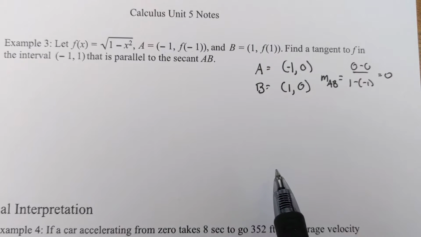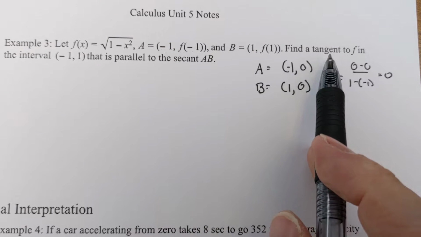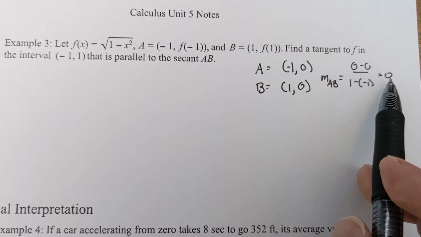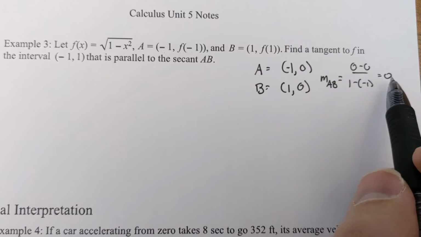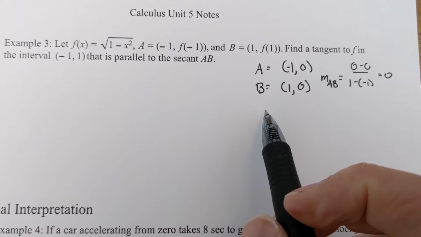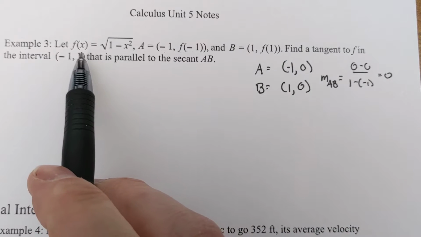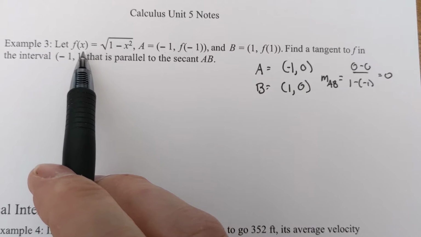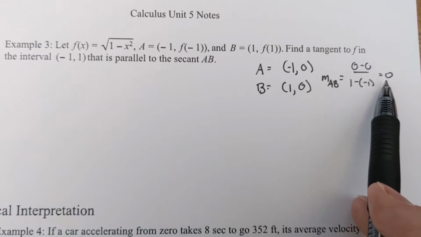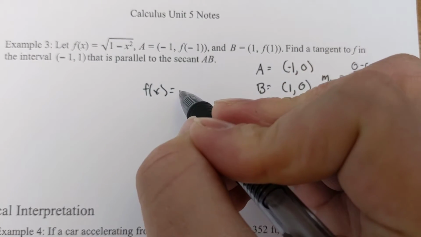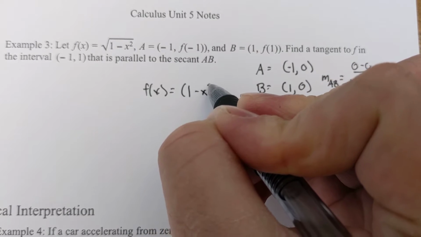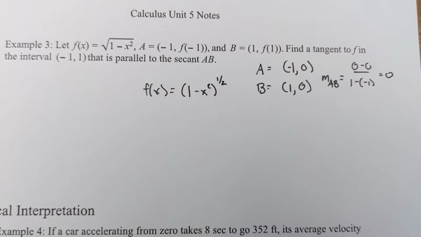So what I want to do is find the tangent line that has the same slope as this. Now to write the tangent line, I need 3 pieces of information. I need the slope, I need the x value, and the y value. So I need to know first where this function's derivative is equal to 0. So we're going to rewrite f of x real fast to make the power rule easier to handle. So remember, square root is the same thing as a half power.